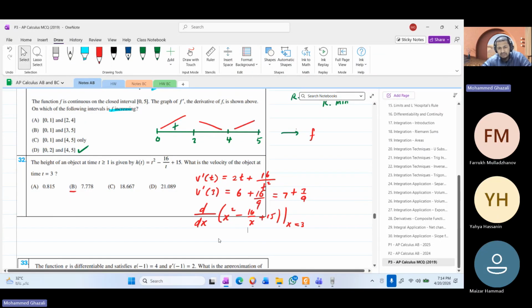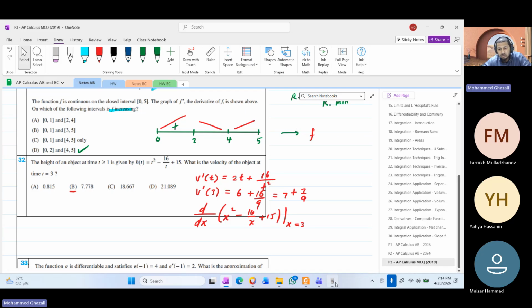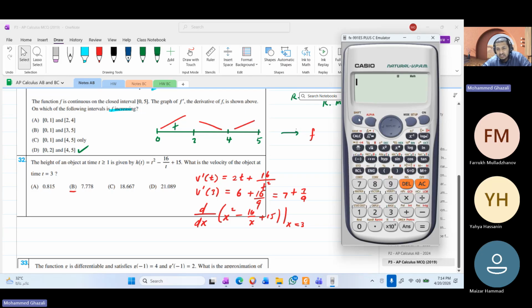Don't put 15, because you already know that the derivative of 15 is 0. So you can say shift d/dx of alpha x squared minus 16 over alpha x at x equals 3.